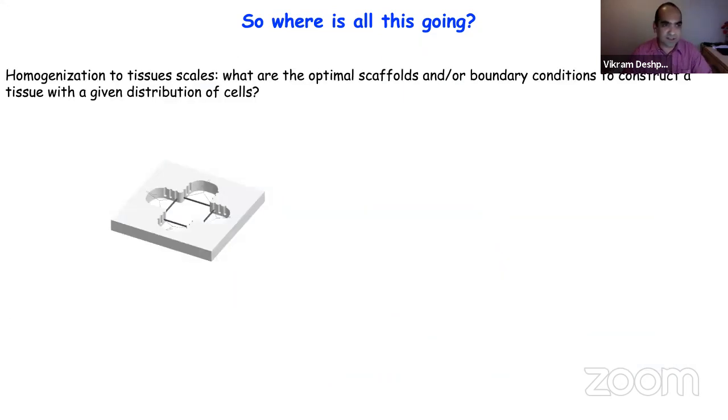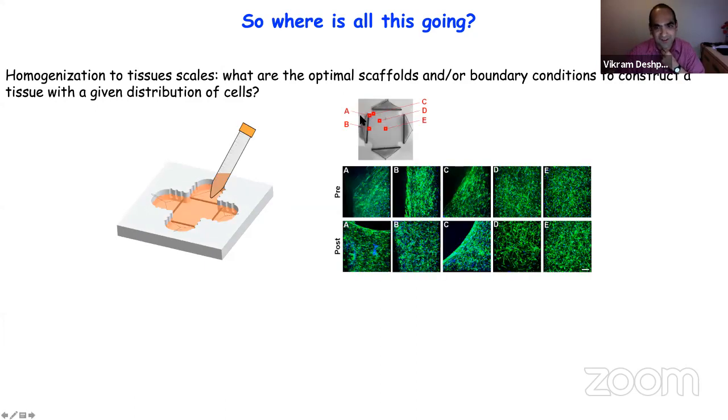We are also taking this whole thing forward from single cells to homogenization, to tissue scales, where we are constructing what you could call micro tissues, and understanding how the microstructure of a tissue, i.e. the distribution of cells at different positions inside a tissue, varies, how the cell density varies, etc.